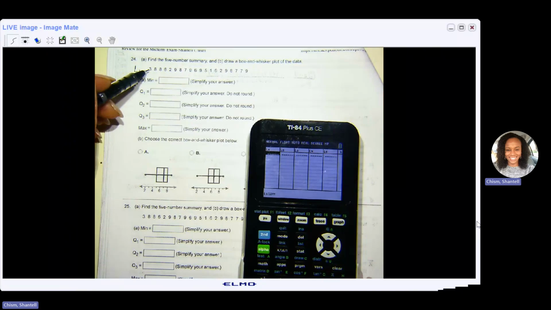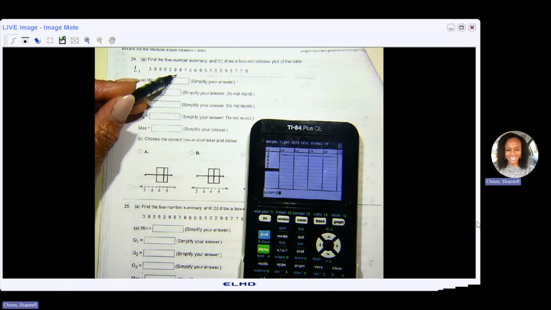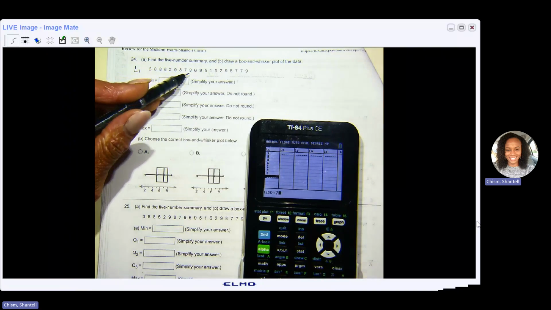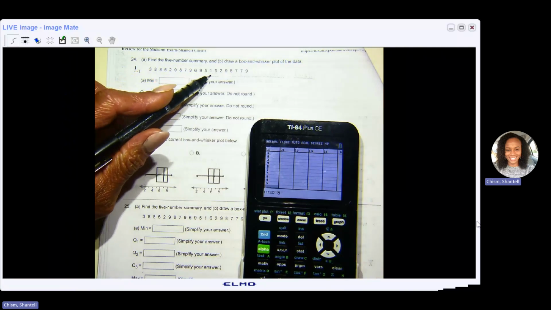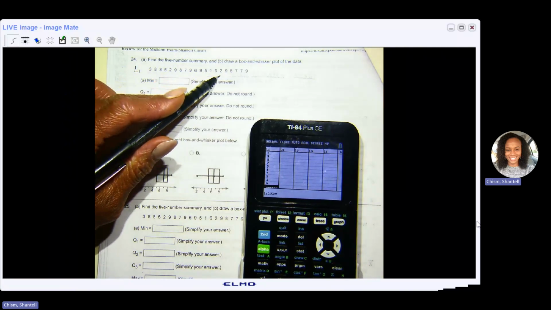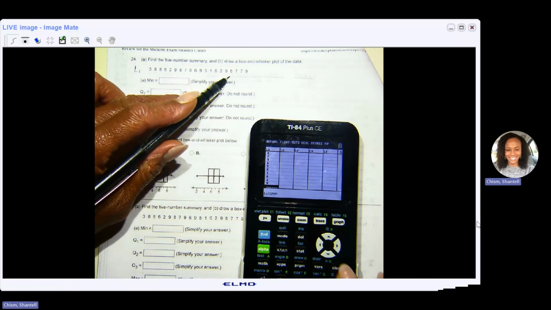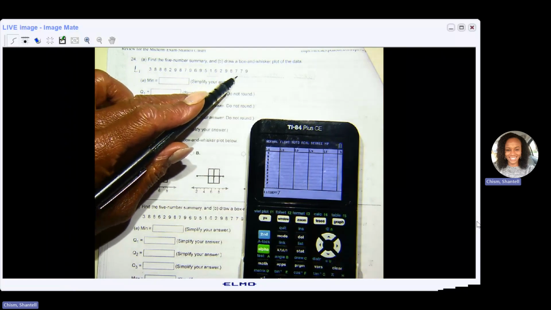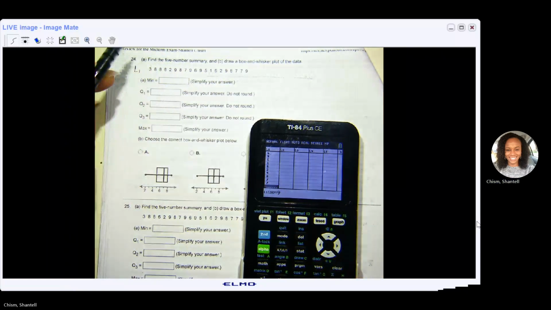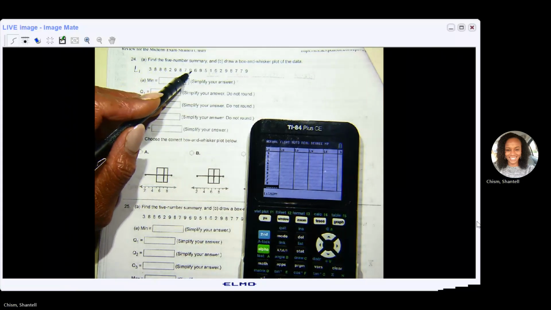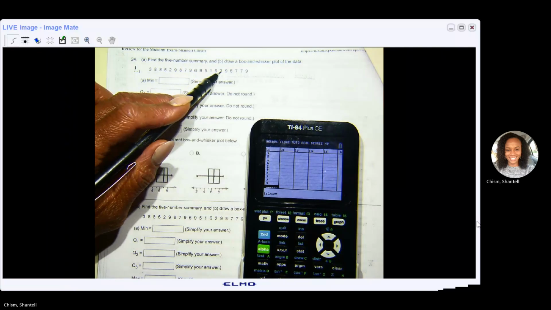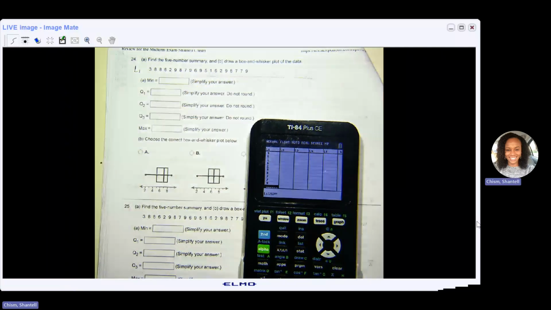So I put the data in as I see it. 3, 8, 8, 6, 2, 9, 8, 7, 9, 6, 9, 5, 1, 6, 2, 9, 8, 7, 7, 9. Okay, we got 20 values.